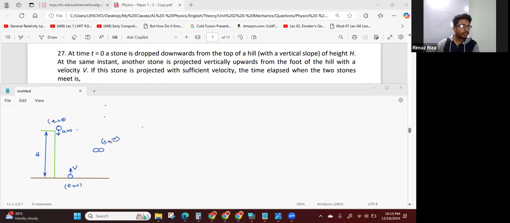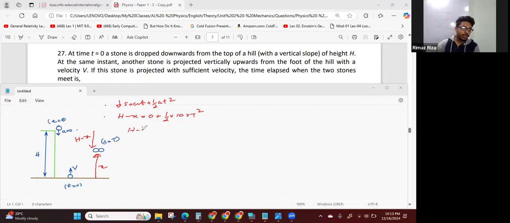So at some time t they will meet. Let's say the distance covered by this one will be x. Then the distance covered by the other particle will be h minus x. For the vertically downward motion, S equals ut plus half at square. So the distance covered, h minus x, equals u is 0 plus half into 10 into the time, capital T, which is what we want to find.